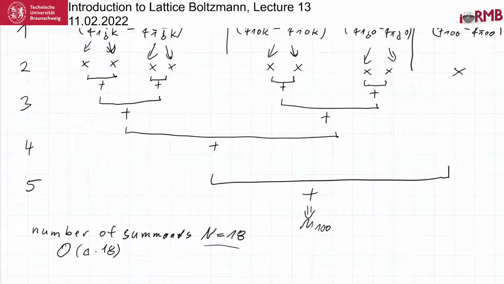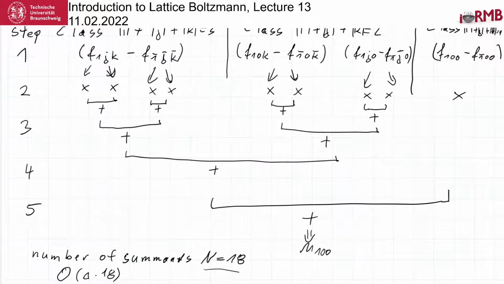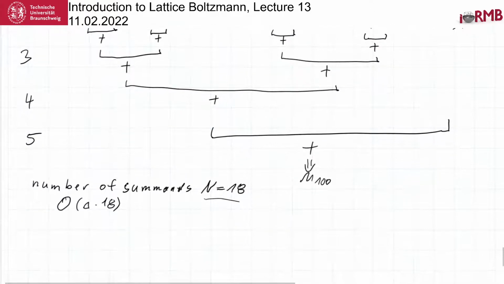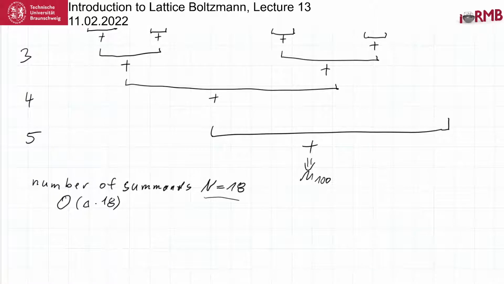However, in this pairwise summation, we have only 5 steps of summation. So the number of levels of our summation is only 5.